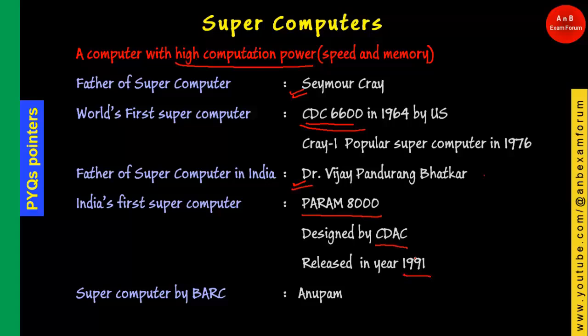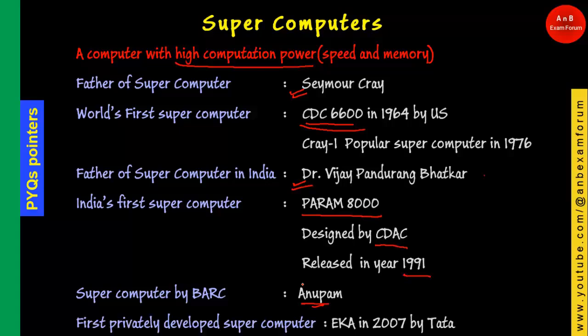Sometimes they ask about other supercomputers, like which of the following was developed by BARC. In that case your answer should be Anupam, one of the supercomputers by the Bhabha Atomic Research Centre. One last pointer for this session is the first privately developed supercomputer, specifically in India.